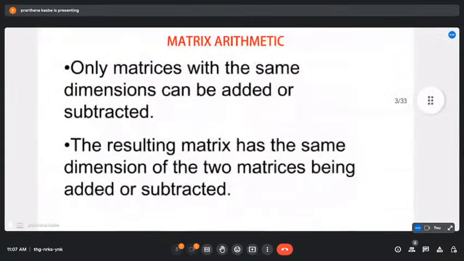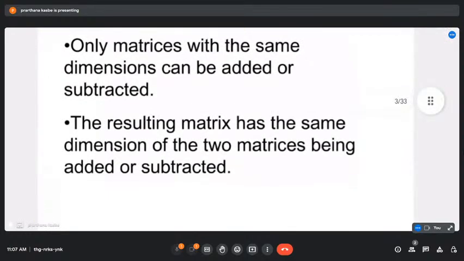So only matrices with the same dimension can be added or subtracted. What is meant by the same dimension? For example, 3 into 3 matrix, 2 into 2 matrix. What is the meaning of 2 into 2 matrix?